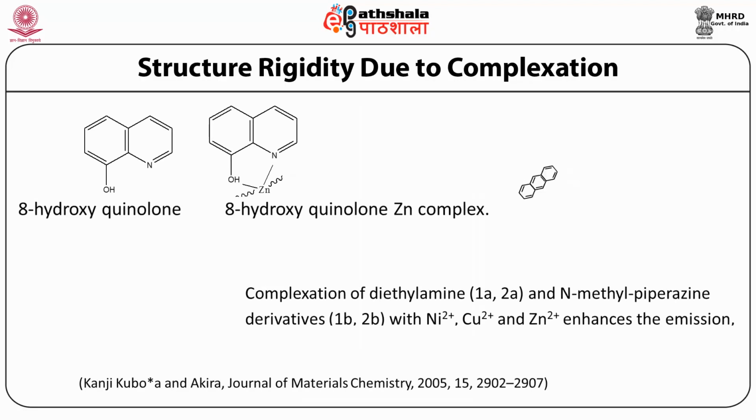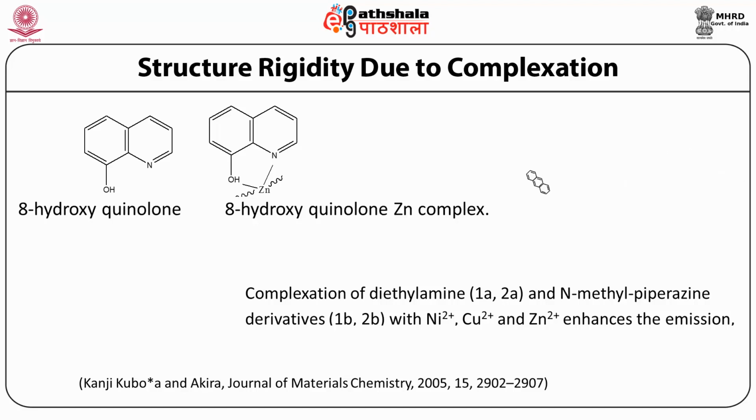The rigidity of compounds can also arise due to complexation with some metals. For example, in the case of 8-hydroxyquinoline, if its complex is made with zinc, the fluorescence is increased. Another example is complexation of diethylamine and N-methylpiperazine derivative with nickel, copper, and zinc.